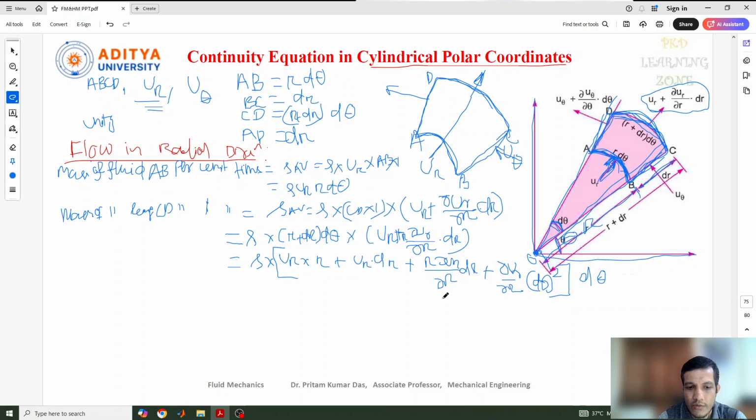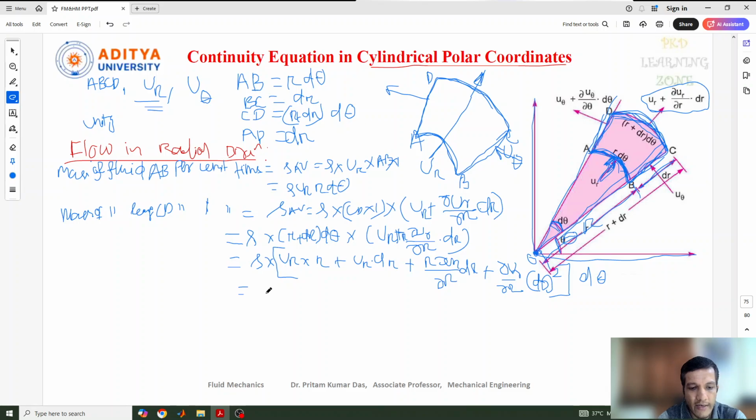So we can write it like this. Now this dr square is actually very small, so we can just neglect it.